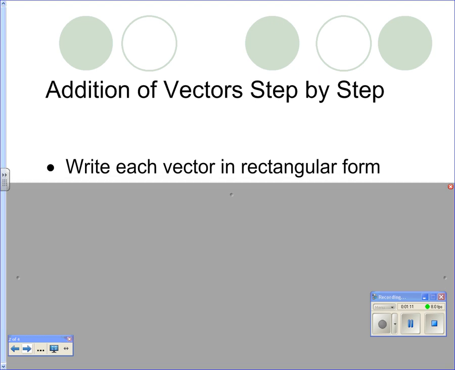So step by step, what to do to add vectors. You're going to start by writing each vector in rectangular form.